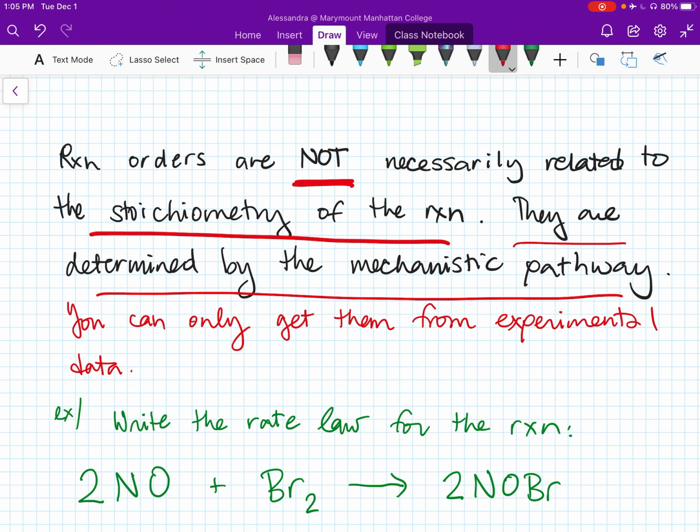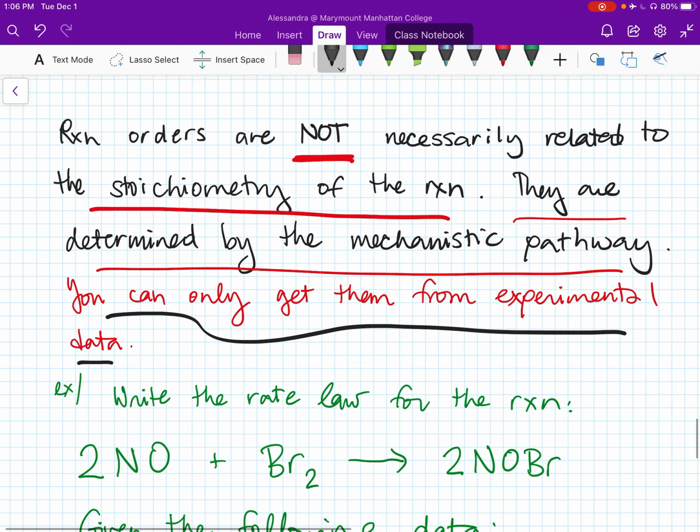And the only way to figure out the numerical values of the reaction orders is to look at experimental data. So now I want to do an example where we take an experimental data set and we calculate the reaction orders for that reaction.